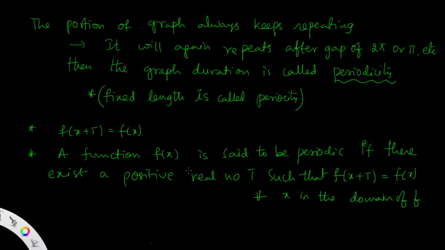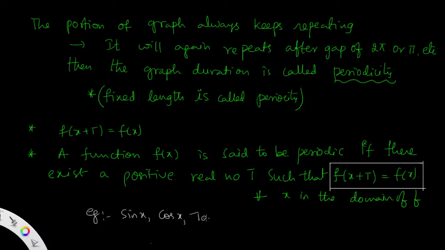Some examples are sin x, cos x and tan x; all trigonometric functions are periodic, including secant and cot x.